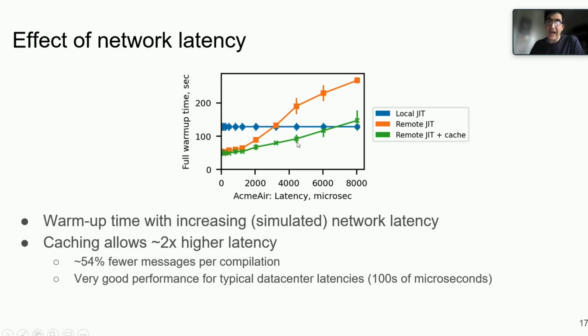Whereas if we add the cache, we can tolerate network latencies that are double in size, so about 6 milliseconds. And I would say that in the typical data center, network latencies should be in that range, maybe even lower. I've seen on Amazon latencies that are well under 1 millisecond.